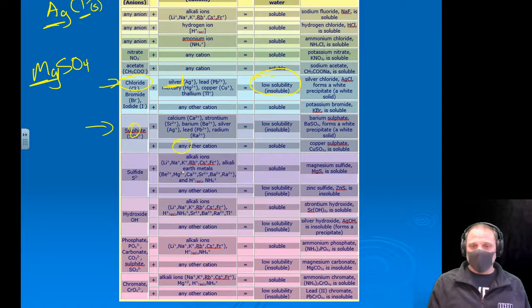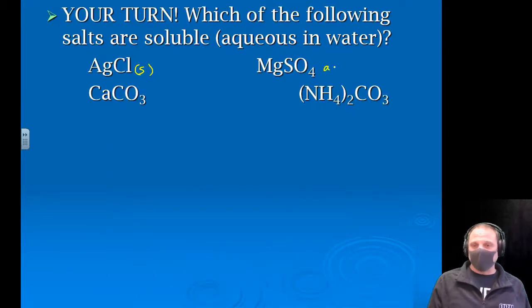No, it's not. That means it must be on this any other cation list. Magnesium must be in this list because it wasn't in the list up above. And so then I come over here and I say, oh, well, it's soluble because I just follow that list across. And so magnesium sulfate is going to be soluble. So I put an AQ after it if I were writing this one out.